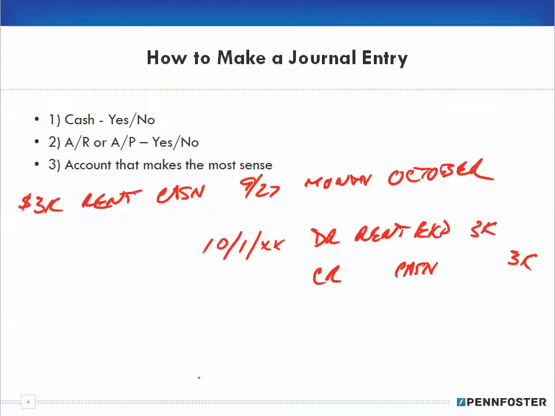But what you're doing is mimicking and copying a journal entry, but you don't understand why this journal entry is the way it is.